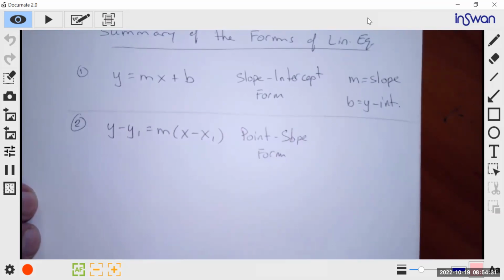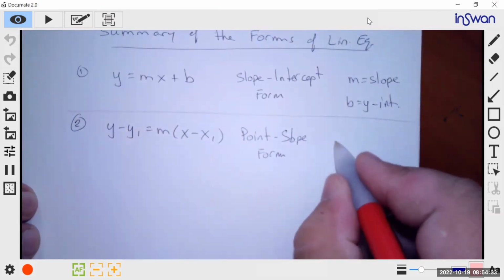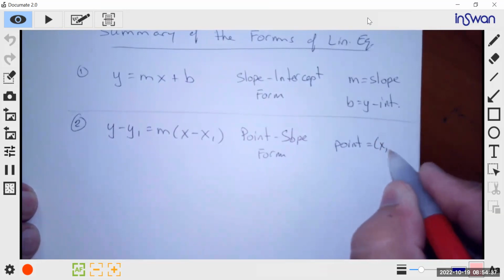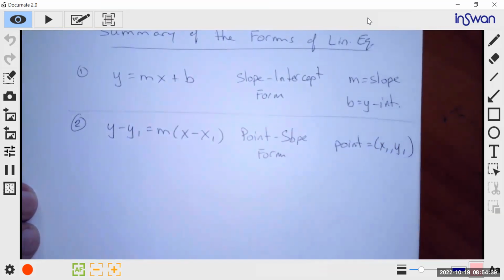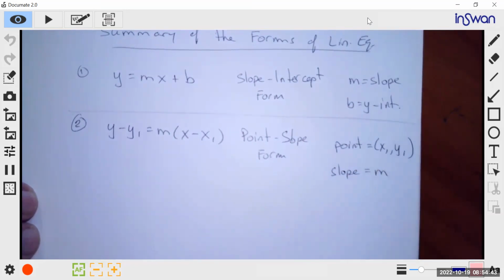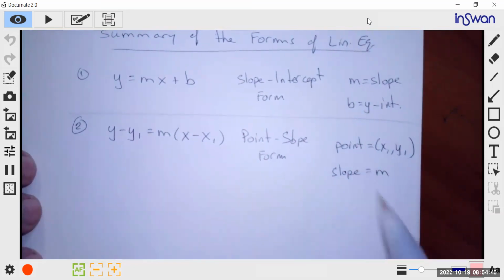It's called the point slope form because we have a point (x1, y1), and we have a slope m, hence point slope.